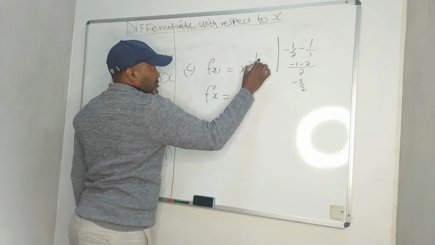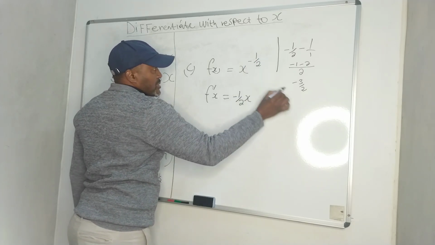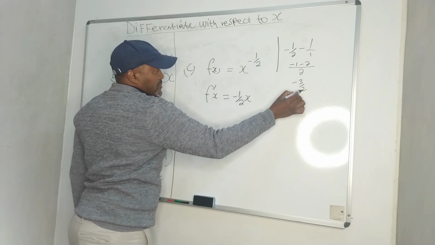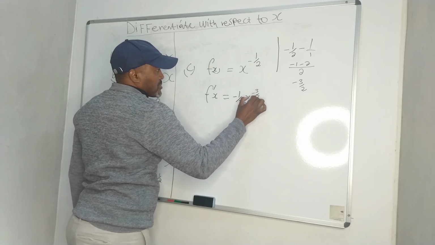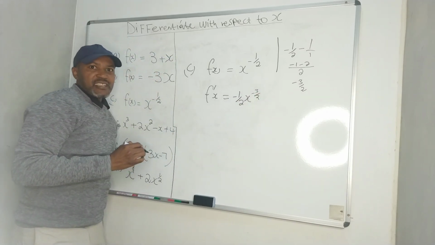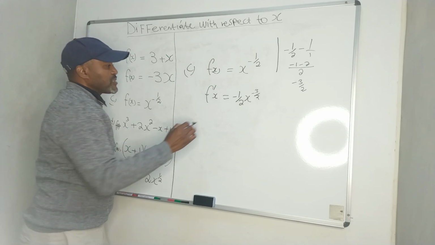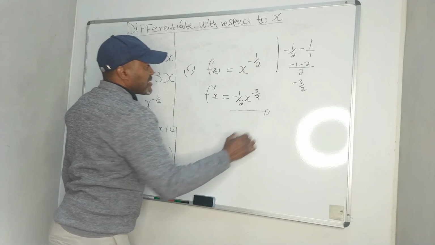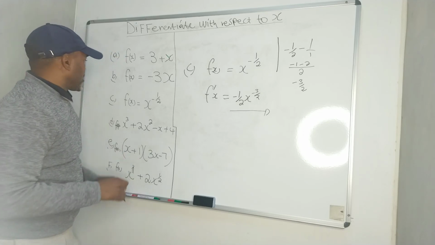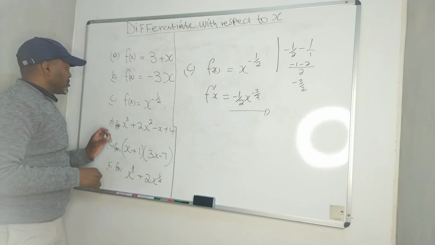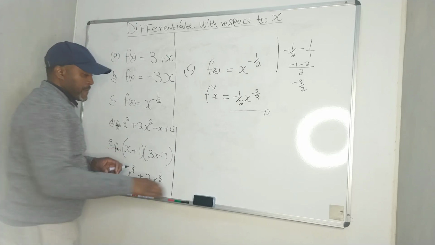Here, if you subtract 1, we are going to get -3/2. I hope it's clear. And then we are done, that is the answer. So then we are going to do number D.